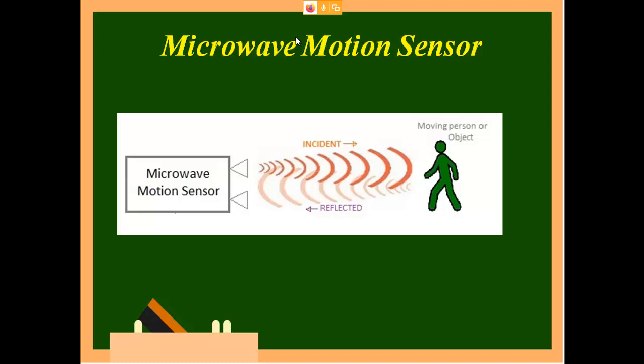But we used to complain that only Airtel gets signal everywhere, which means its microwave power is very high, around 1500 milliwatts, which is nothing but 1.5 watts.